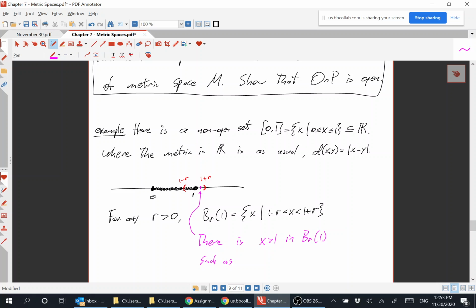If Zeno was around, he would tell you. But I know you all know Zeno's paradox. Can you just say half of r? Yeah, exactly. Such as 1 plus r over 2. It's still positive, so it's bigger than 1, but it's less than 1 plus r. That's exactly the way you want to do it.